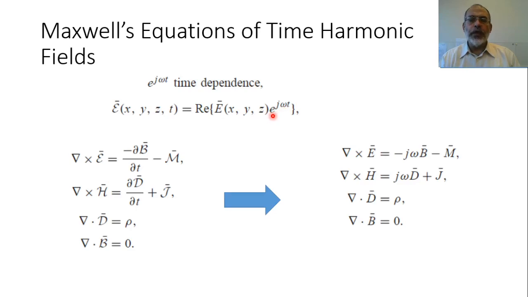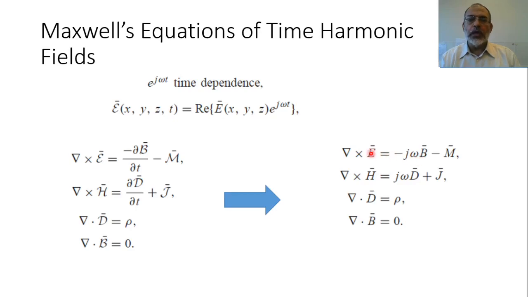The derivative of e to the power j omega t with respect to time equals j omega multiplied by e to the power j omega t. So, in time harmonic fields, the time derivative is equivalent to multiplication by j omega. We can replace any partial by partial t with j omega. So, instead of minus partial B by partial t, we can say it's minus j omega B.